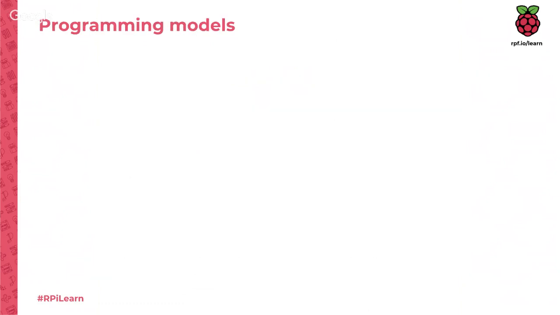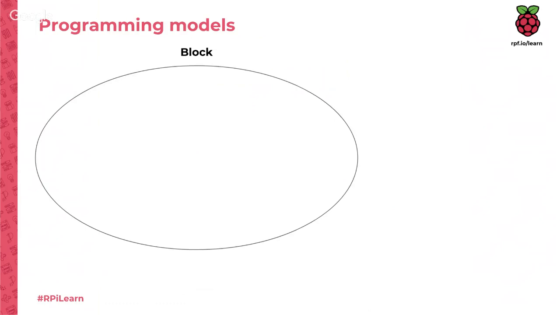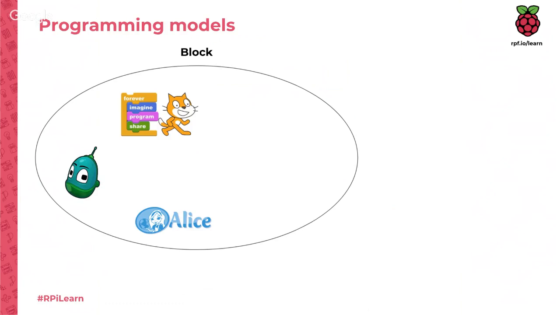We've answered that question, so let's move on to programming models. We talk a lot about block-based programming, and this really encapsulates a whole range of languages. I'm just going to pick 3 examples that I've used in the past. So we have Scratch, and when I talk about Scratch, we're talking about Scratch 1, 2, the future release Scratch 3, and Scratch Junior, all of the different variants of Scratch.